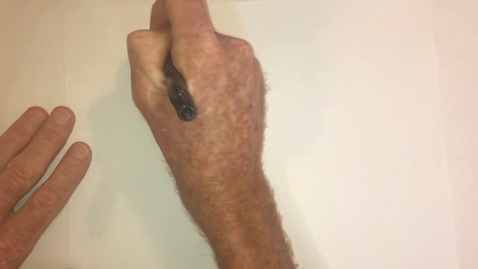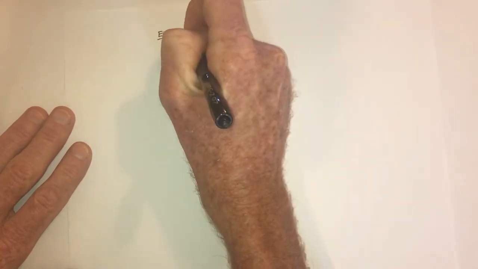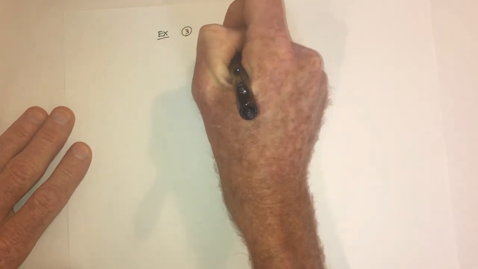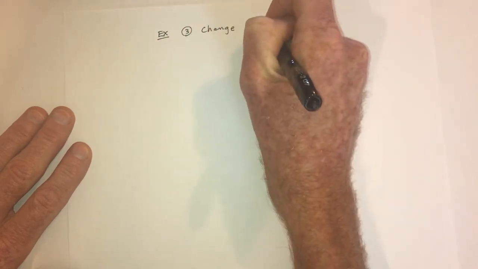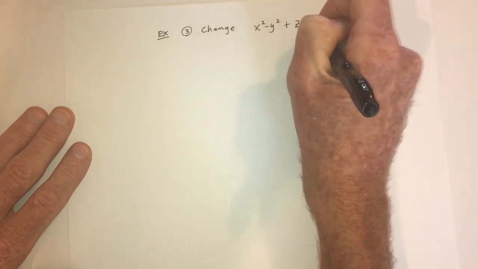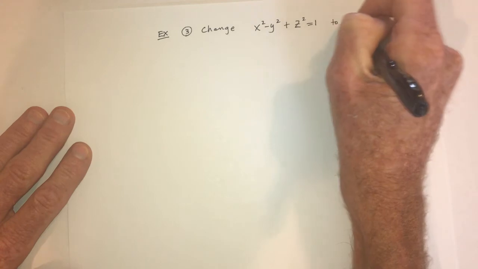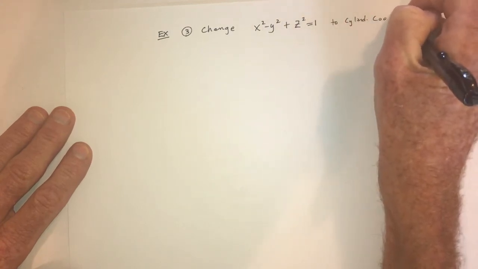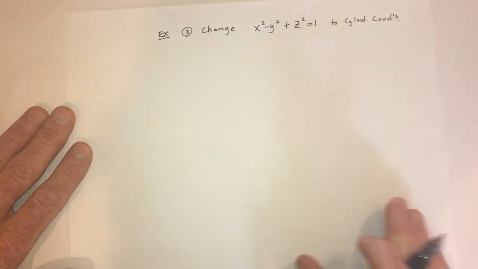Example number 3, instead of a point, how about a function? So change this function, x squared minus y squared plus z squared equals 1, and then change that to cylindrical coordinates.